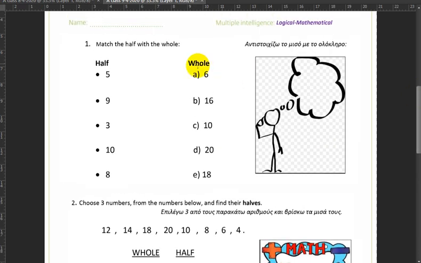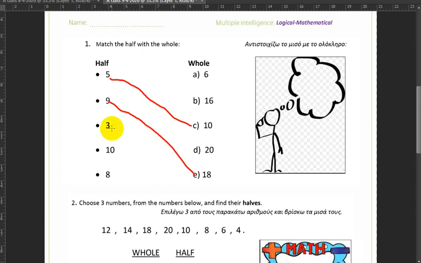Next up, we want to match the halves to the wholes. We already found in the previous exercise that the half of 18 is 9. We found the half of 10 is 5. Now the next ones.